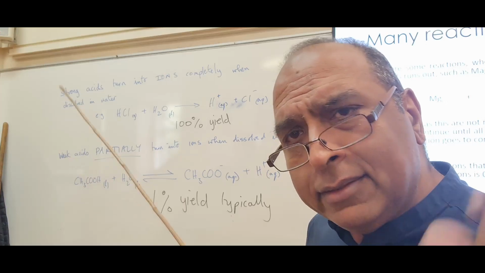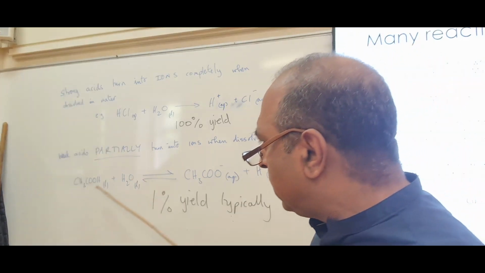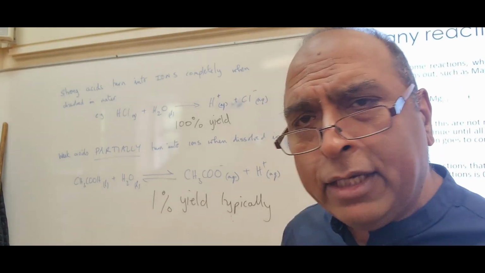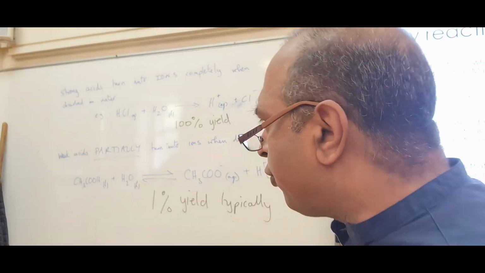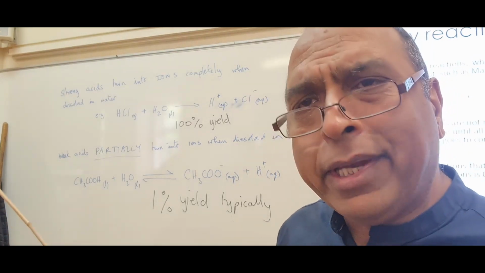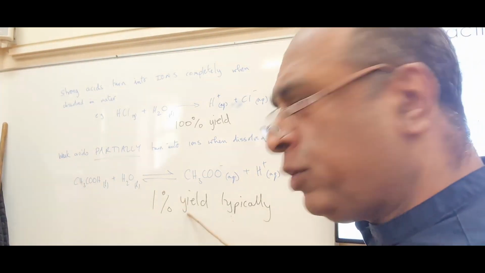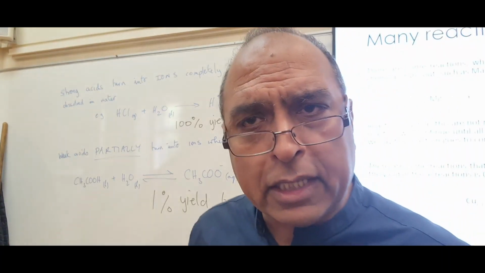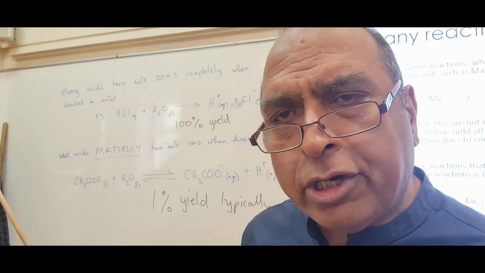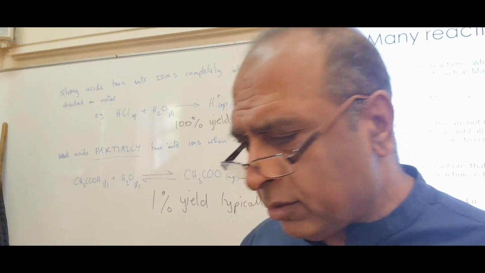And you can't get more than that when you're doing this unless you change the conditions or throw more acid in, etc. And we need to talk about how we can influence the percentage yield by doing things like changing the temperature, changing the pressure, changing the concentration of the chemicals that we've got.